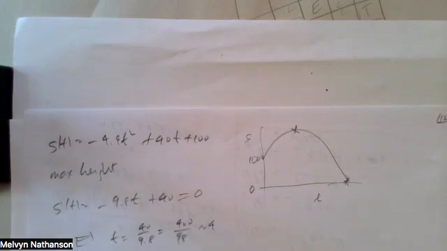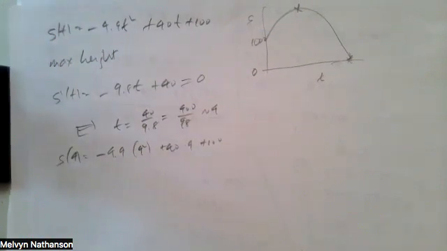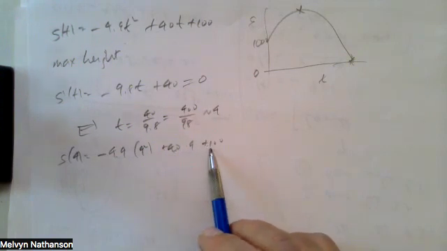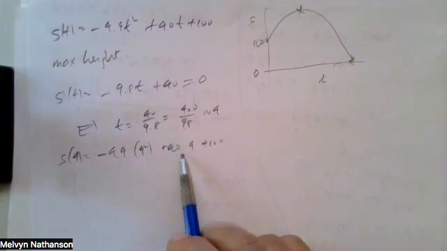So s at 4, I'm just going to do this very roughly. S at 4 is minus 4.9 times 4 squared plus 40 times 4 plus 100. If you use a calculator or a computer, you get this exactly. 40 times 4 is 160 plus 100 is 260.